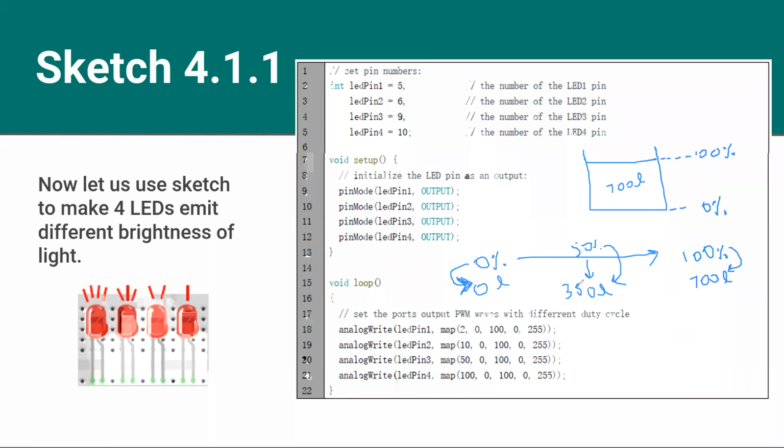Now we don't have to deal with liters. We can talk in percentages because it makes more sense, right? Let's say you explain that you have only 350 liters left in the water tank, so use water really carefully. That is not going to make any sense to a stranger, right? But if you say the water tank is at 50%, use water carefully, that is going to make more sense, right?